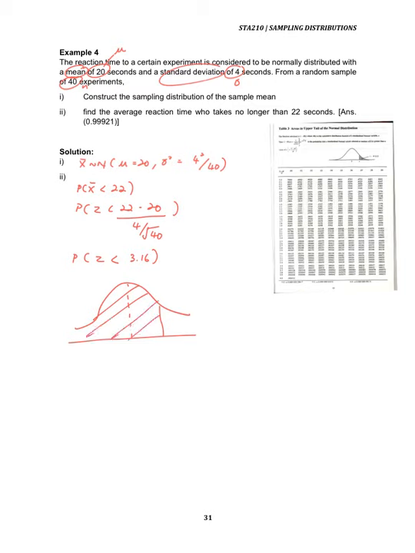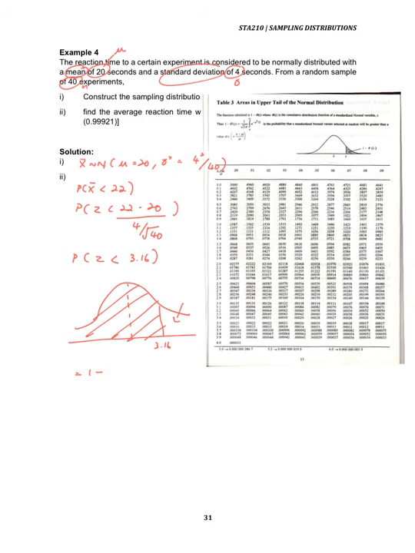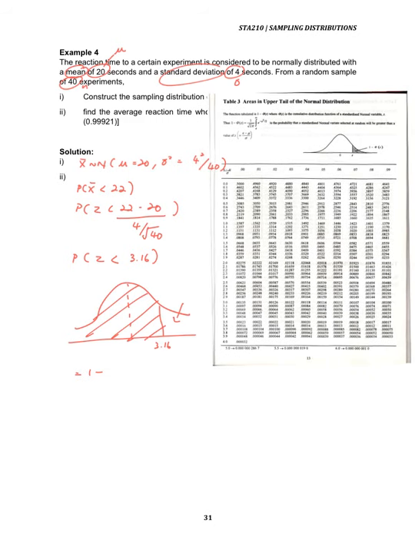So you need to find this area, 1 minus the value for 3.16, which is 0.00079. So we'll have 0.99921.